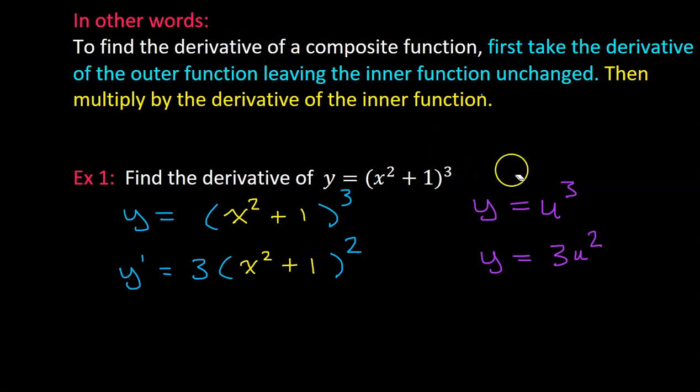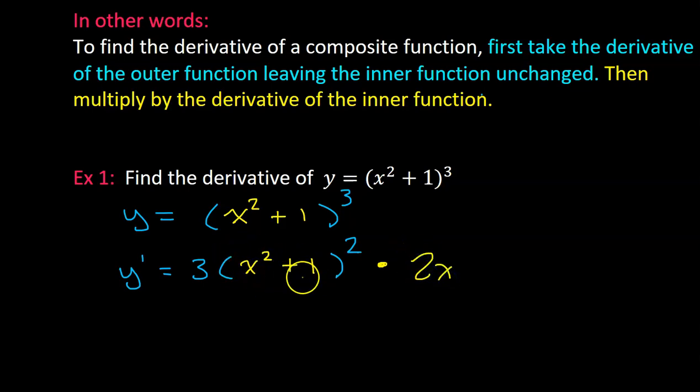But now we're going to multiply by the derivative of the inner function. So we're going to multiply by the derivative of this. The derivative of x squared is 2x, all right? That's just the power rule. The derivative of 1 is 0, so we don't need to write anything.